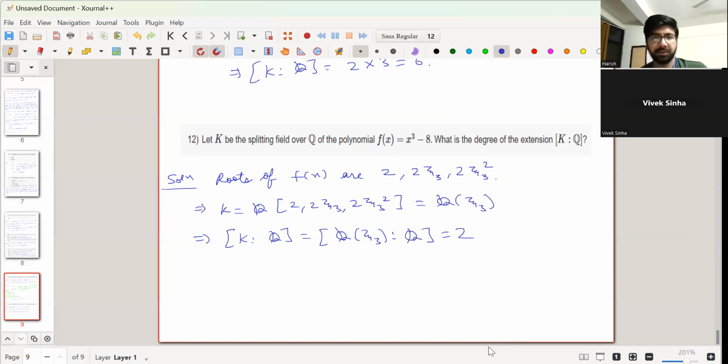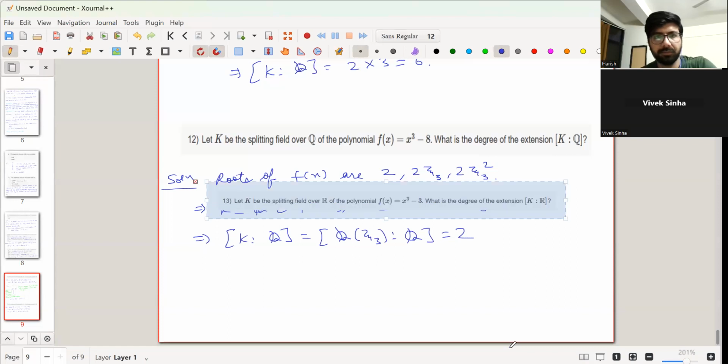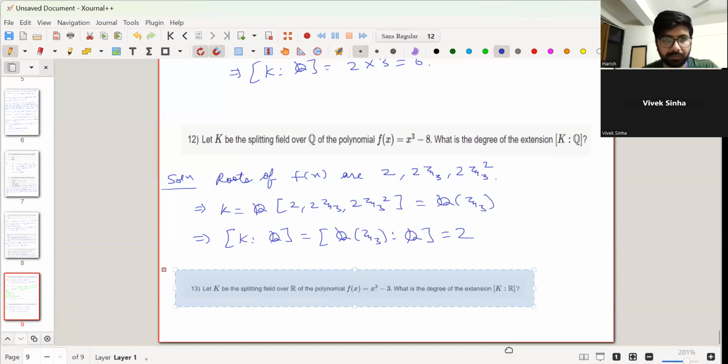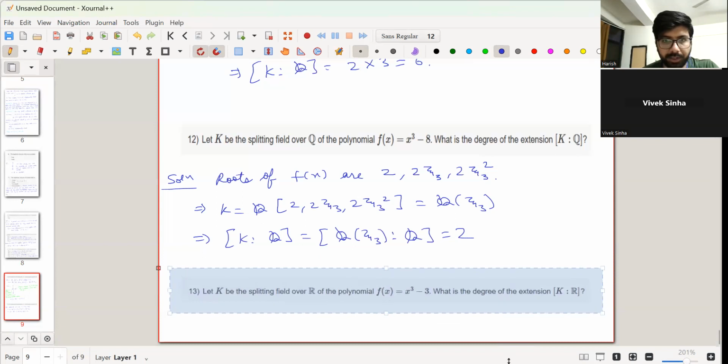Okay, sir. Question number 13. It says K be the splitting field over R of the polynomial x cube minus 3.